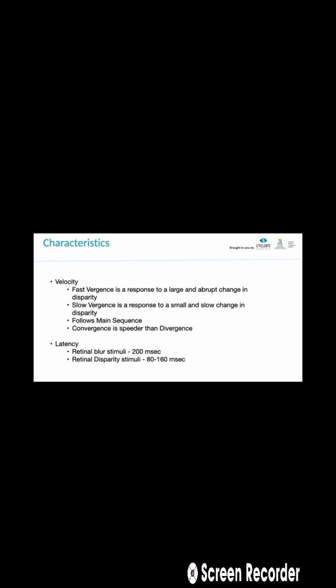For example, when one person abruptly changes focus from near to far, there will be very fast vergence. Slow vergence is seen as a response to a small and slow change in disparity. For example, tracking a target that moves slowly in depth.